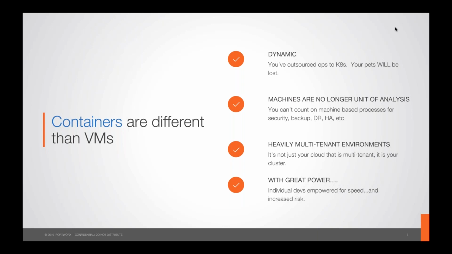Kubernetes and containers put a second layer of multi-tenancy on top of that. Now, not only am I in a multi-tenant environment at the VM level, I'm also in a multi-tenant environment at the container level. So, if host-based management capabilities were no longer sufficient with VMs, right? There are some things that I have to do at the virtual level I can no longer do at the physical host level.